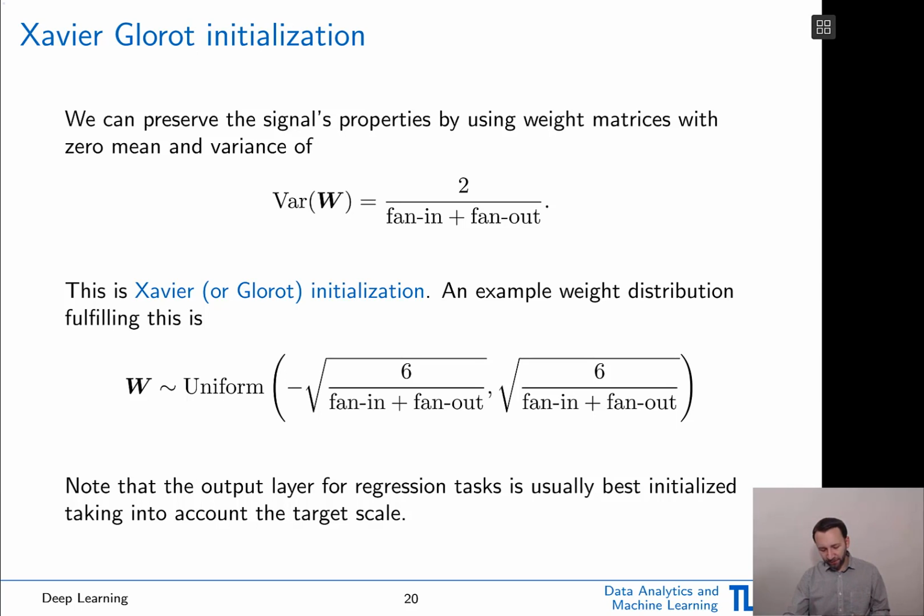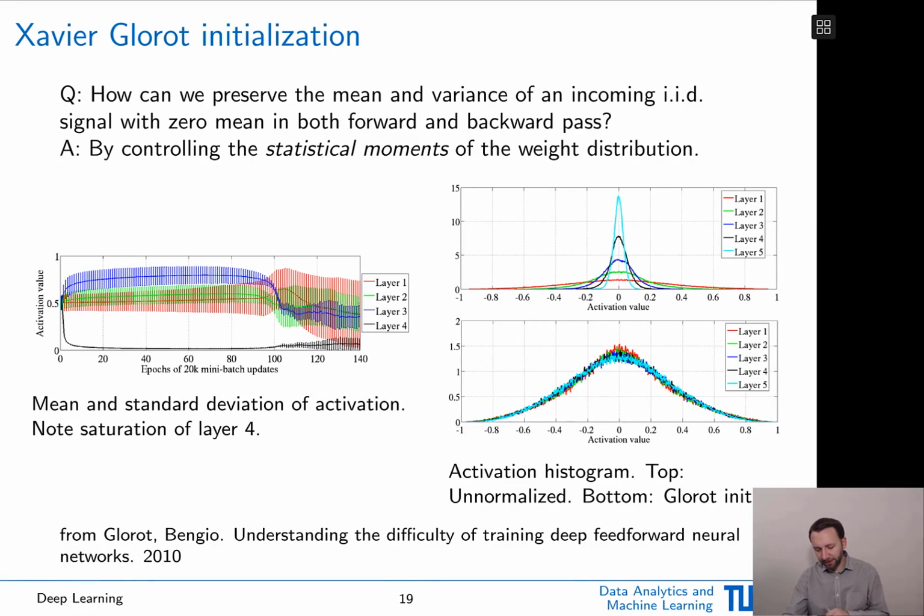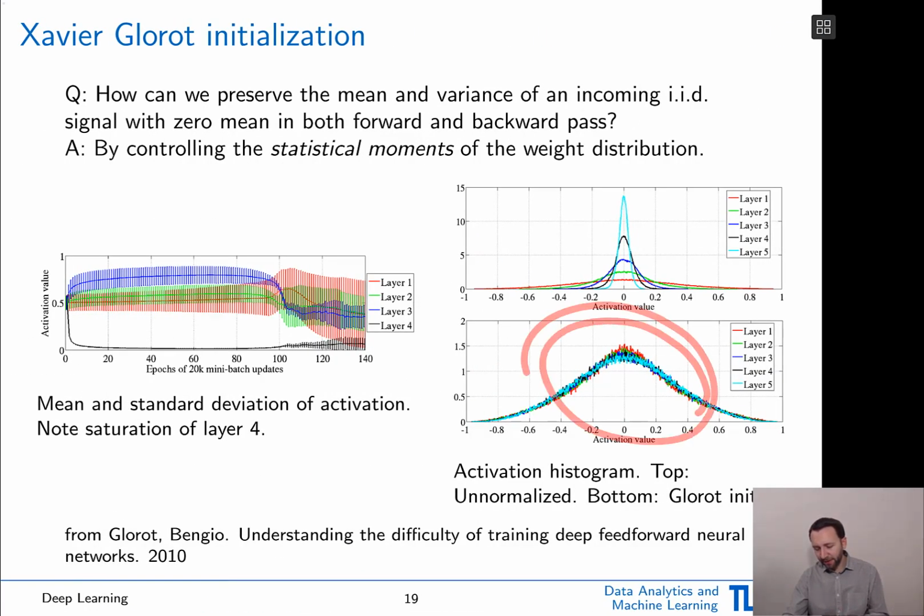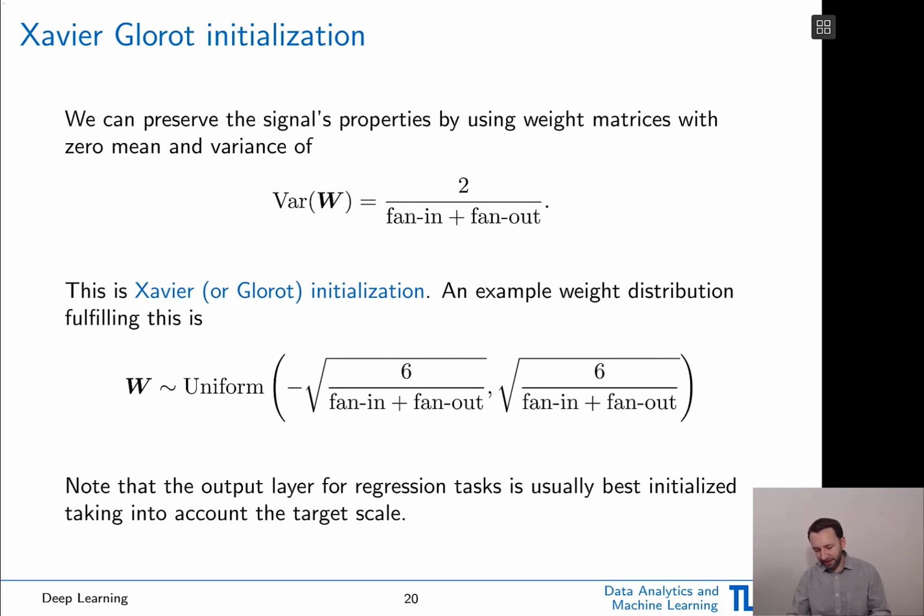So what you should be careful is that for the last layer, it's best to really take into account the target scale. What I mean with this is the following, right? So here, this Xavier initialization, so to say, initializes the weights so that they are in the range of 0 plus minus 1 variance. Okay, if you know, for example, that the targets you are predicting are around, let's say, 5 plus minus a specific variance, right?